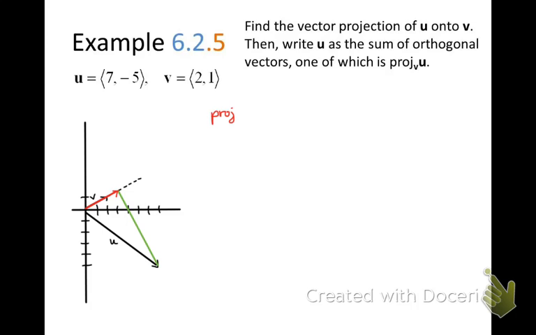If I'm projecting u, is u the subletter or the in-text letter? Yeah, u is the in-text letter, and if I'm projecting onto v, then v is my subletter. The formula for this is the dot product of u times v over which vector am I using on the bottom? v, the one that I'm projecting onto, right? So v squared times v.